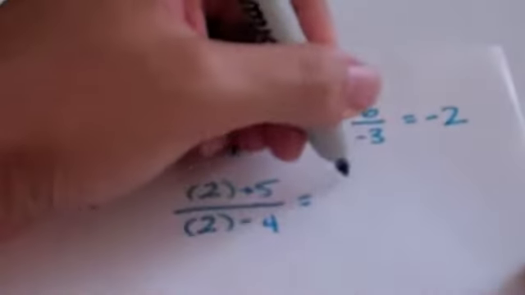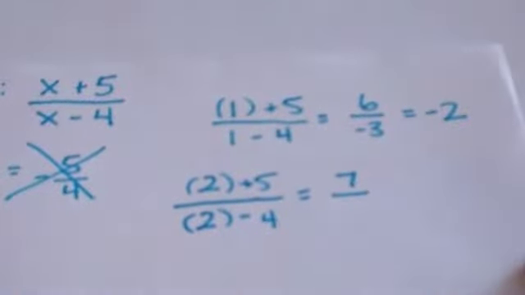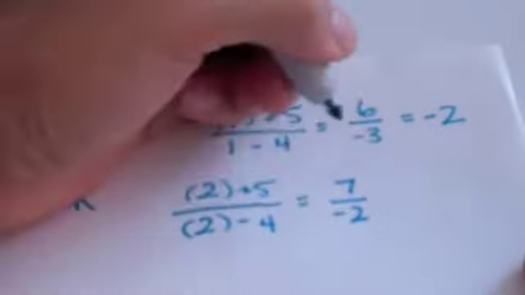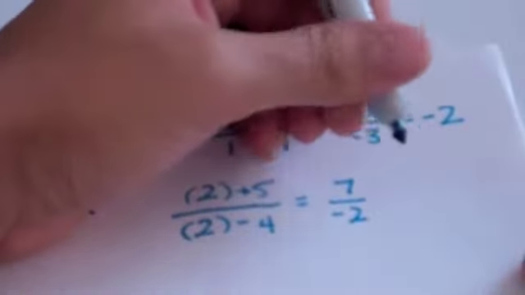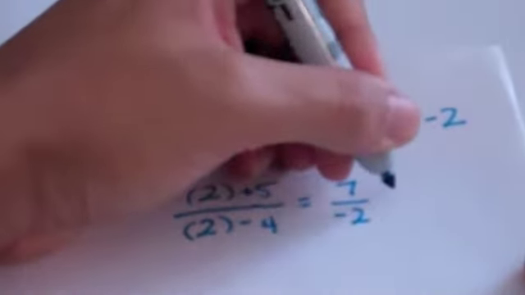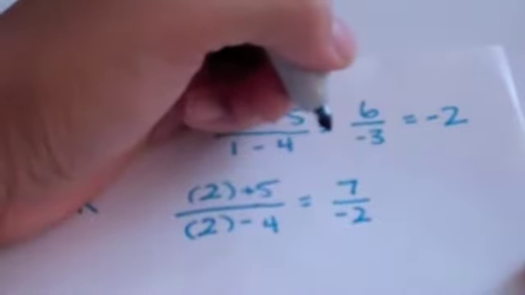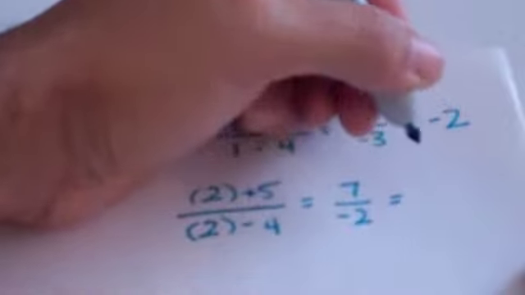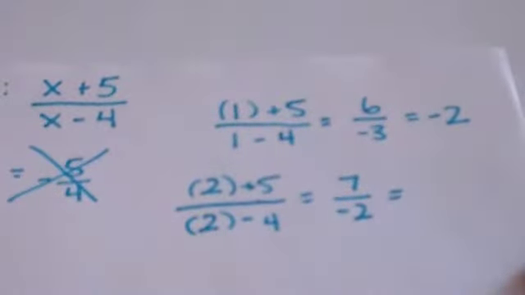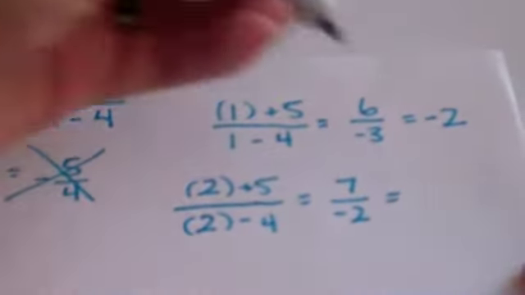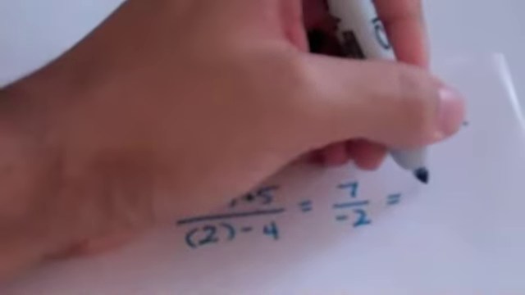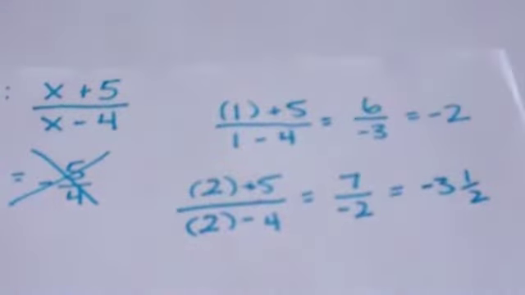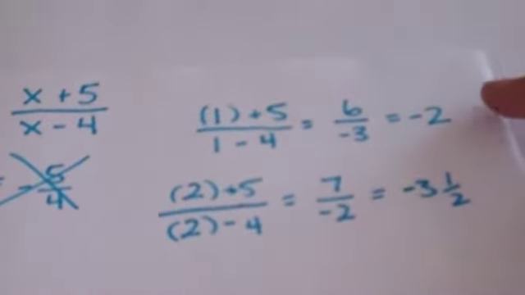So 2 plus 5 is 7, and 2 minus 4 is going to be negative 2. So negative 7/2 can't actually be simplified any further, but we can convert it into a mixed number, which would be negative 3 1/2. But you can see that it's not negative 2.